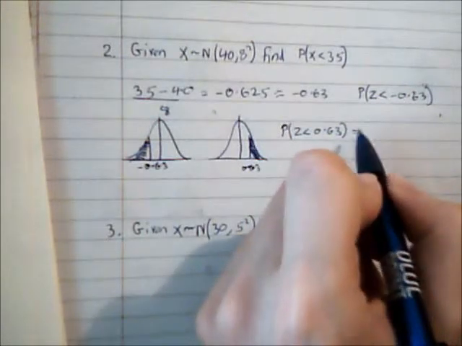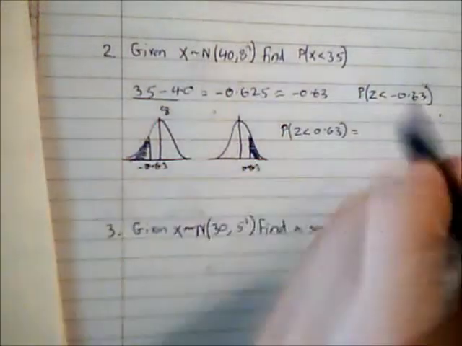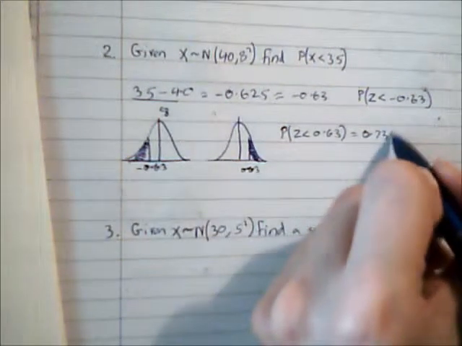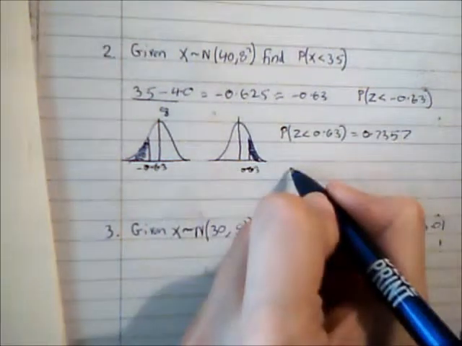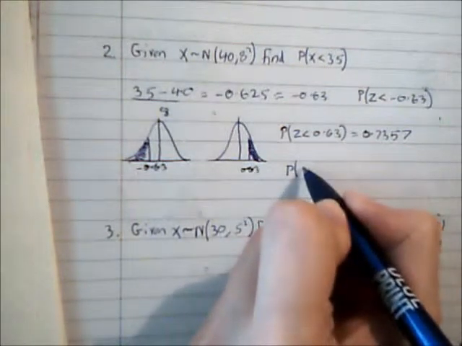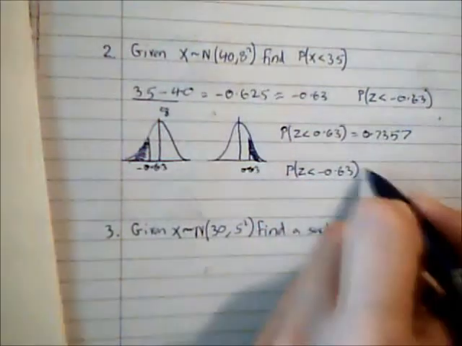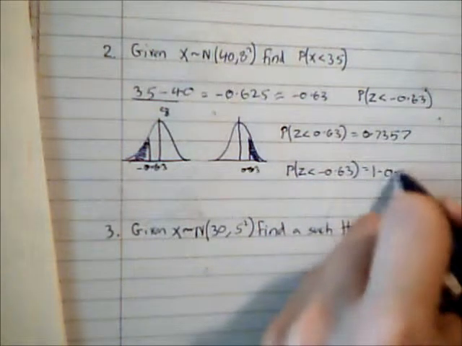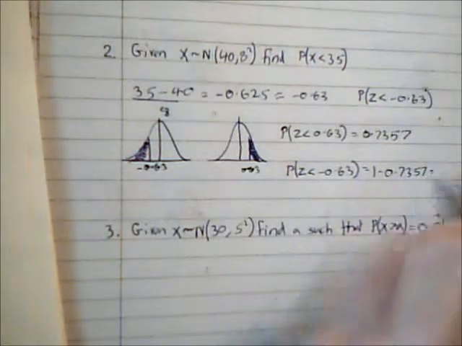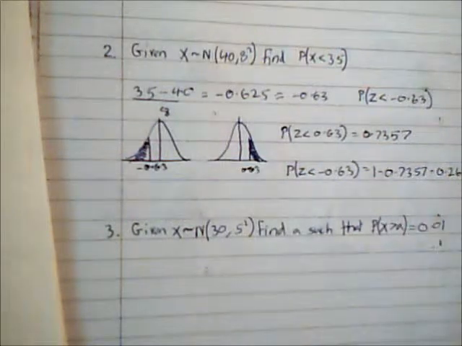I can look that up in the table and I get 0.7357. So the probability that I actually required, which in terms of Z is less than negative 0.63, is 1 subtract that, which is then 0.2643.